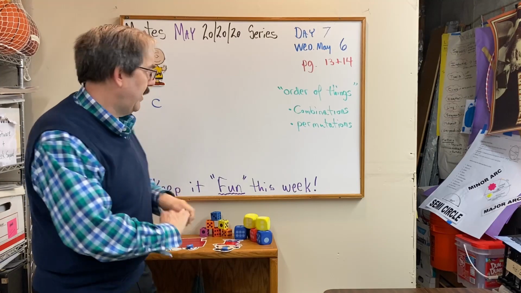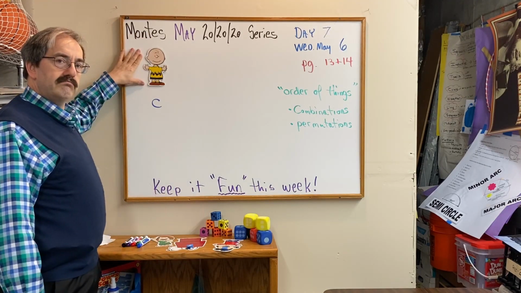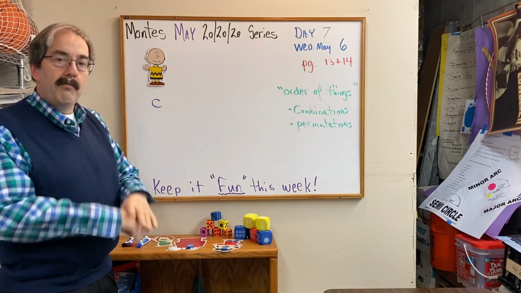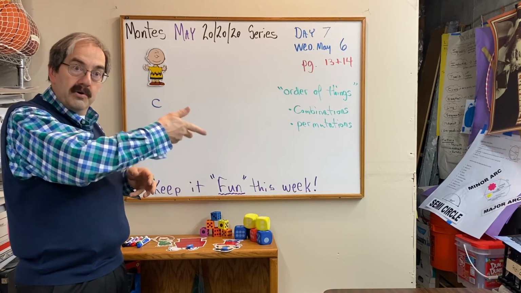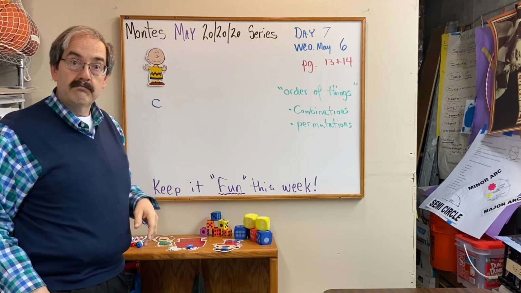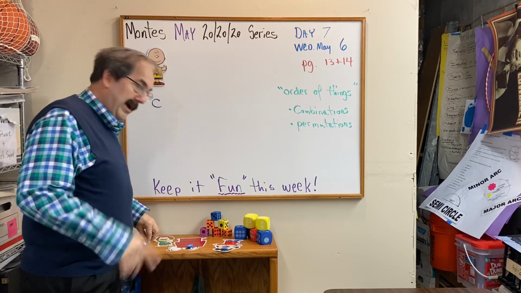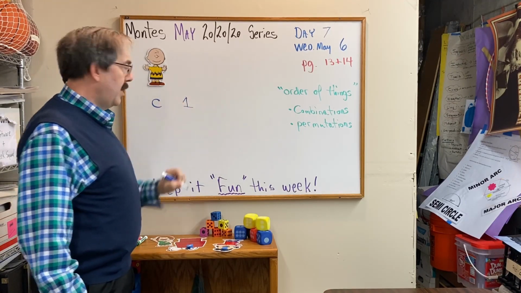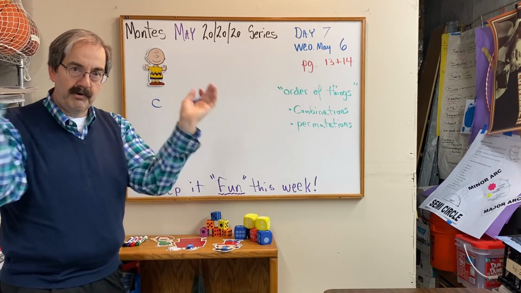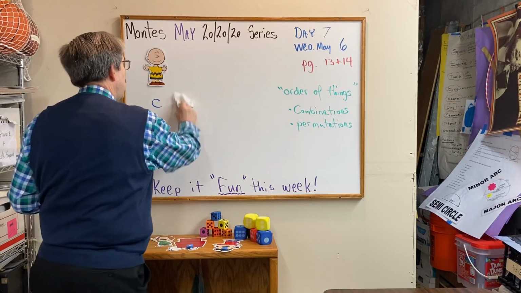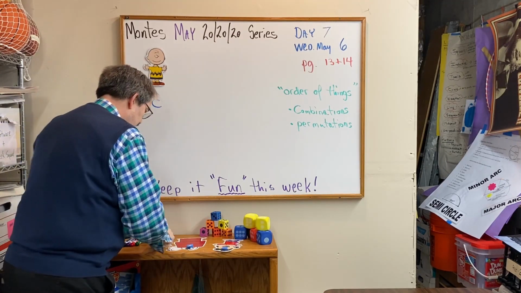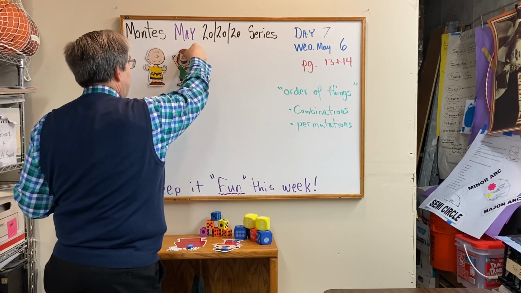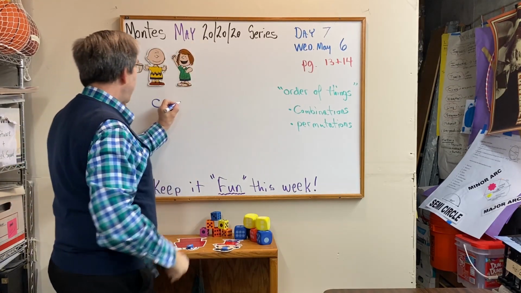This is what I want you to think. Charlie Brown, the letter C. How many possible orders of things are there? One item. There's only one possible combination. Poof, done. What if I add Peppermint Patty?